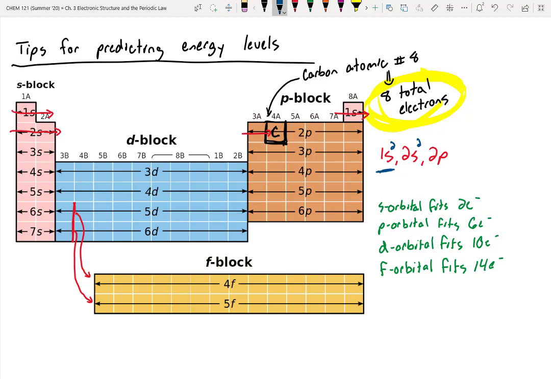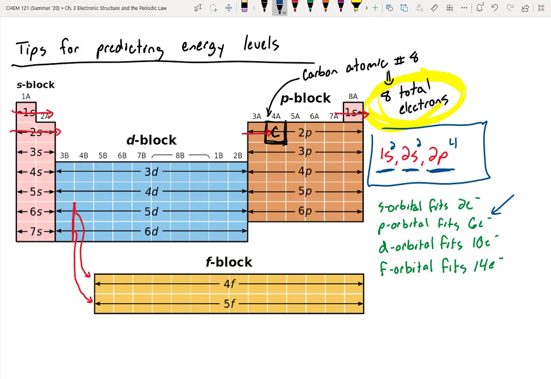Again, it's an s orbital, so I can only fit 2. So now I've taken care of my second orbital, and we've accounted for 4 out of our 8 electrons. But that still means we have 4 left over. Can we fit all 4 in this p orbital? Yes, because it can fit all the way up to 6 electrons. So this would be our electronic configuration for carbon.